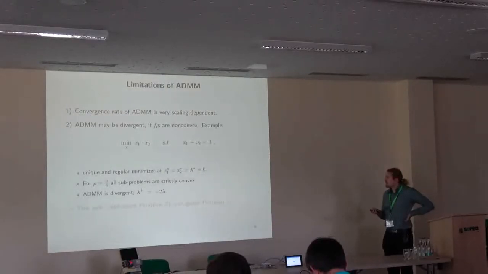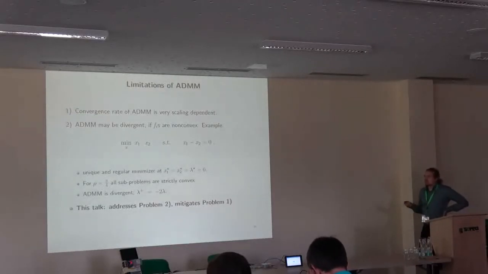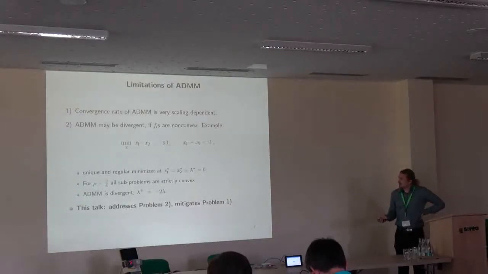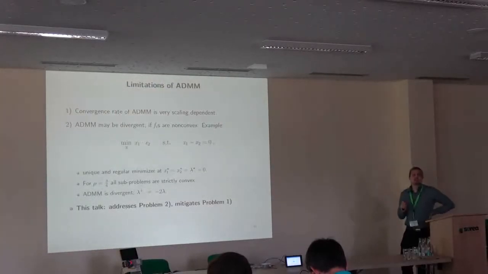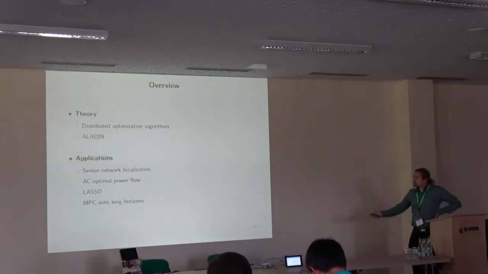So what this talk is doing is addressing problem 2, and in fact we will overcome problem 2. I would also like to outline that the algorithm I will present is mitigating at least problem 1, or eventually solving it partly. Yeah, so the scaling dependence issue. And that's already it.